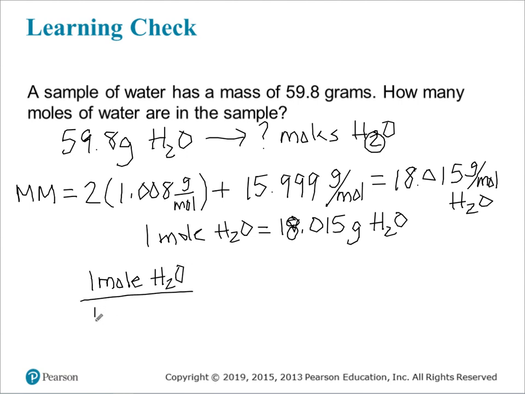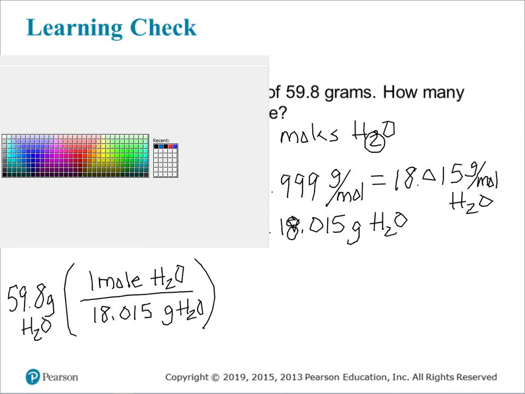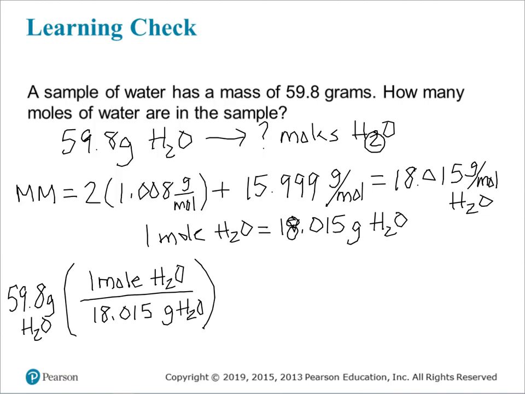On the bottom, we're going to put that calculated molar mass, 18.015 grams of water. That's our conversion factor. We take that and we have to multiply by our sample size. Our grams should cancel, so we're left with moles of water.